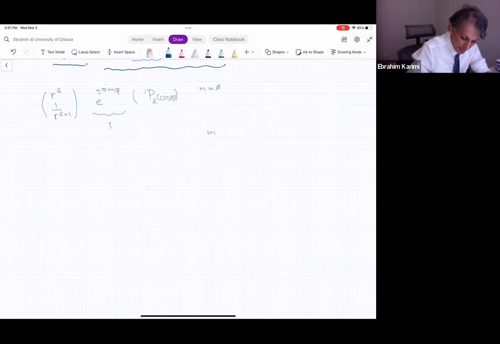What happens when m is not equal to 0? How to handle this?